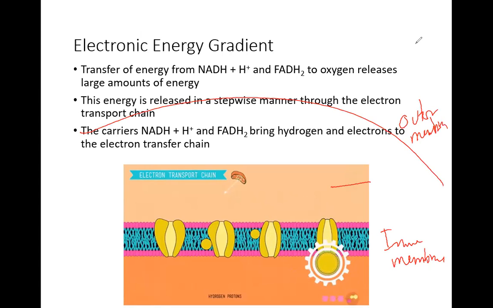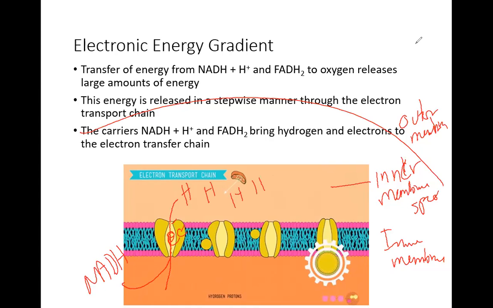And this area in here is the inner membrane space. Now, as our NADHs come up to these enzymes, they're going to release those electrons in here. And the energy from those electrons is going to be used to pump hydrogens into these spaces out here. So you have many more hydrogens in the inner membrane space than you do here in what we call the matrix.